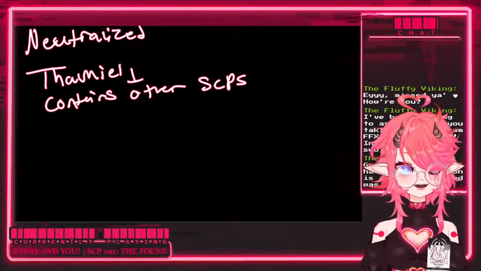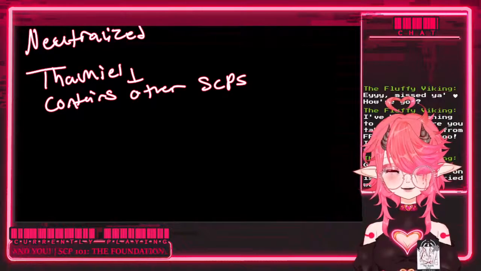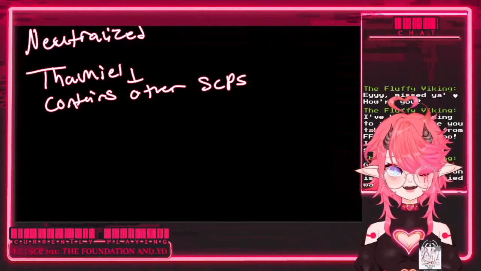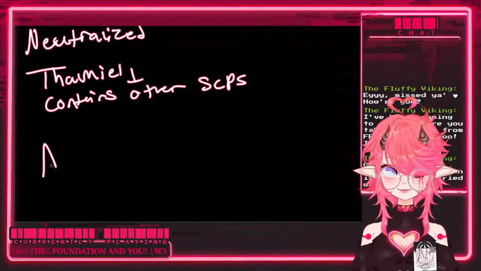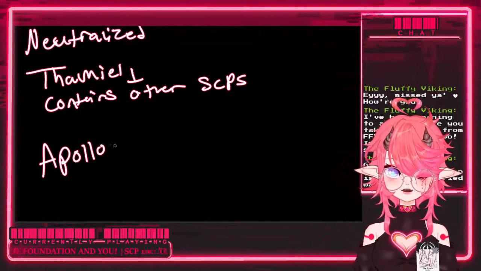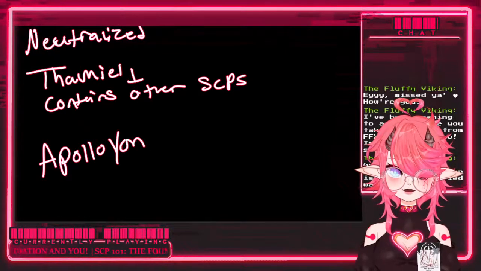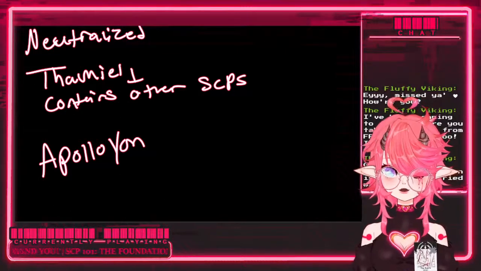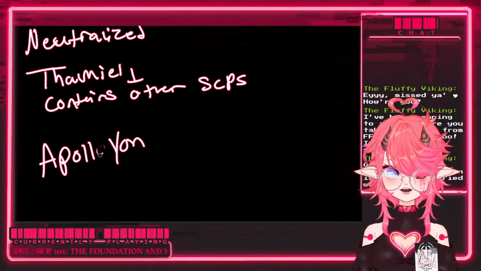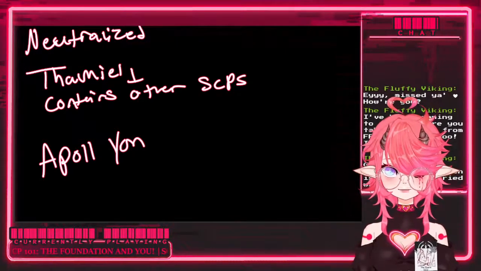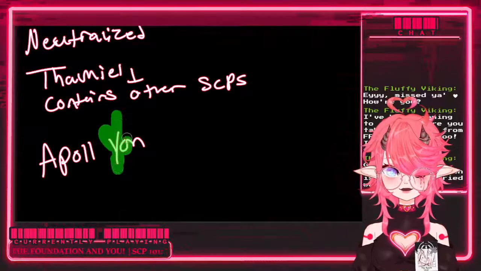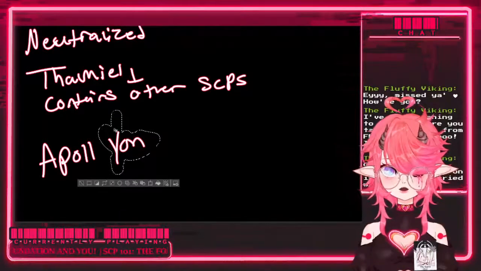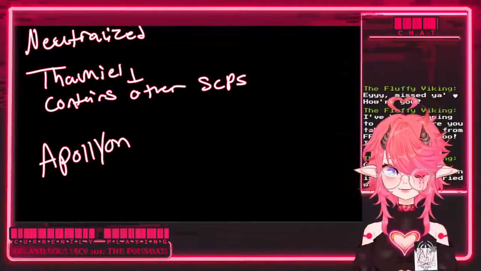The last class that I think we need to go over really quick is Apollyon. And again, you will not see these classes very often, these extra classes. I just felt like bringing them up because I feel like it keeps it from getting weird when you actually want to research them.